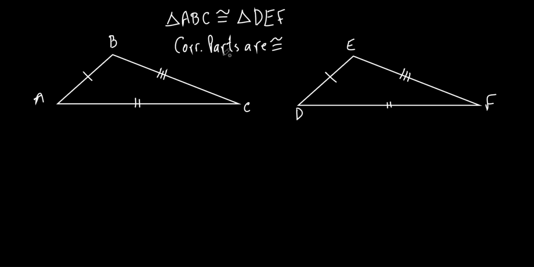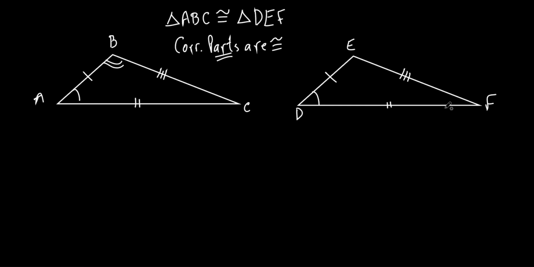There's something else. What other part? Okay, we said parts. How many parts are there to a triangle? The sides and the angles. Okay? So let's do that. Let's call this angle A. We'll put 1 arc for that. So over here, what's equal to angle A? Angle D. What's equal to angle B? We'll give that 2.